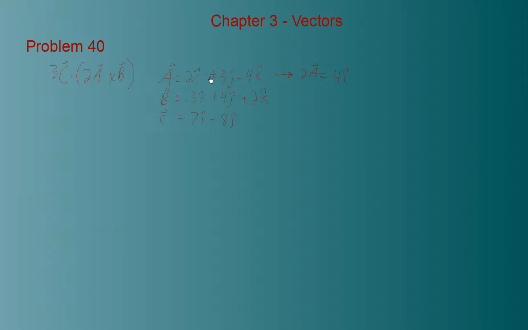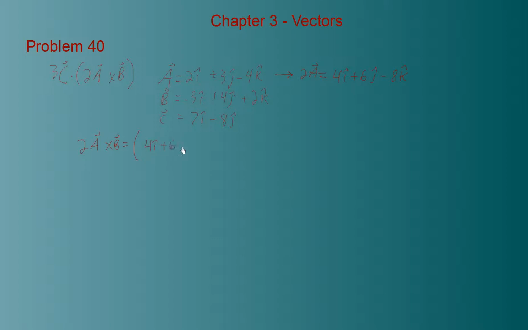You just multiply 2 by each of the coefficients here, plus 6J minus 8K. That wasn't too bad. And now we get to cross 2A and B. So 2A cross B is going to equal, it's a distributive thing, you really just multiply them.